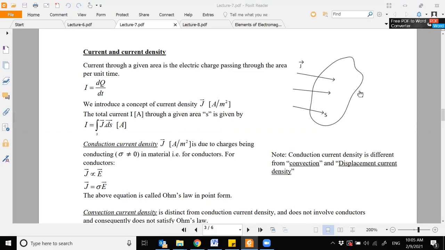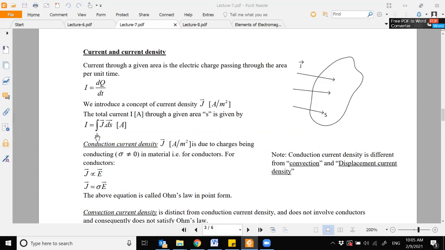So if this is the same closed surface S, and now I'm not talking about current, I'm talking about the current density, which is J bar, it's a vector. When the current density is passing here, then how much current density is passing through the surface area is nothing but the dot product of that.